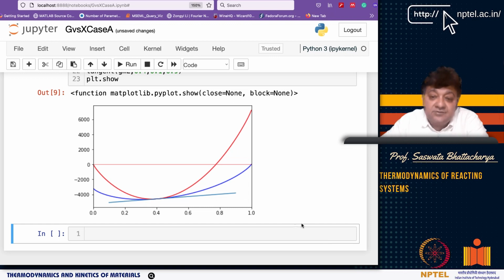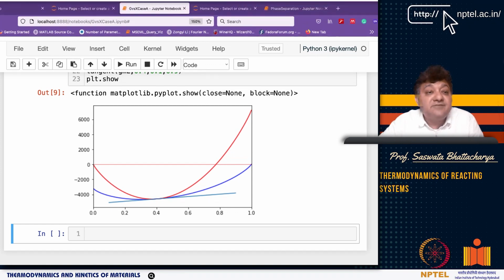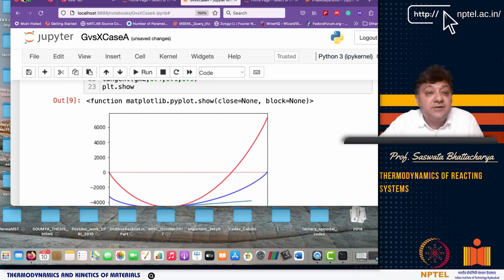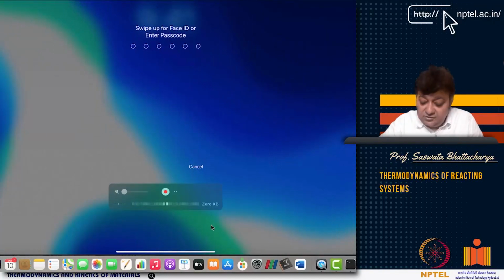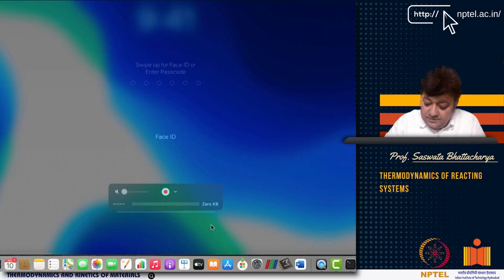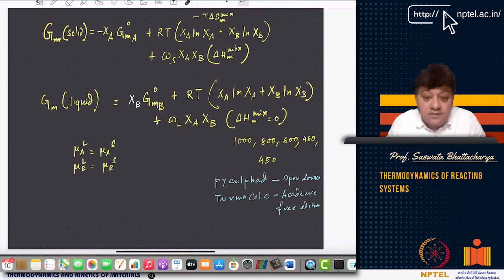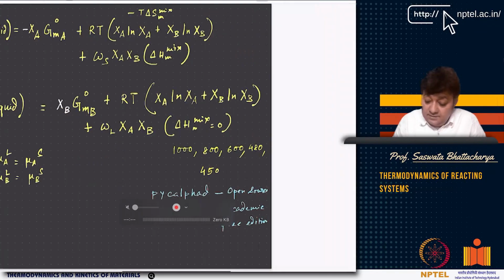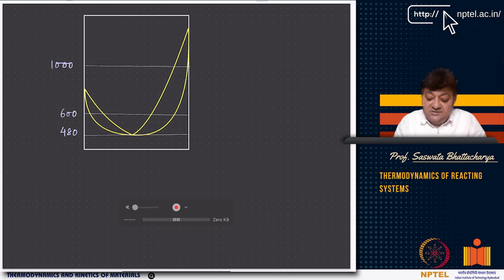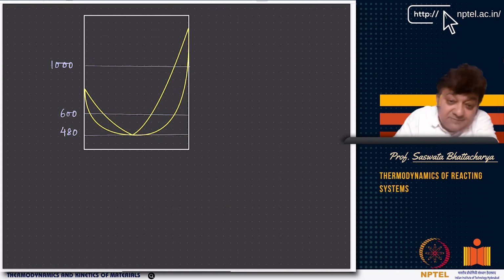So with all this information, if I want to draw the phase diagram, I have schematically shown it. So this is your likely phase diagram for that particular model.